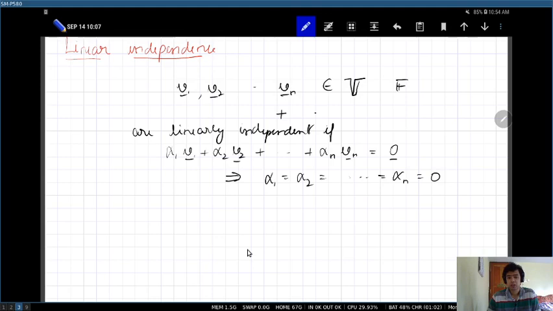And typically, how do you test for linear independence? You can again use column operations.